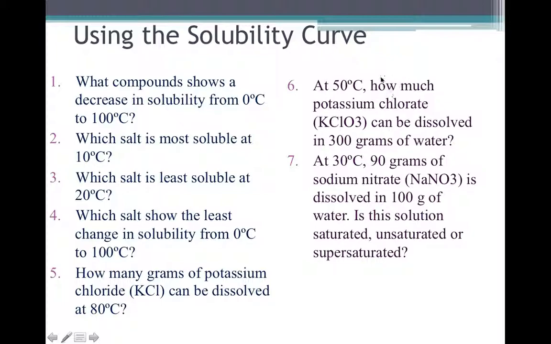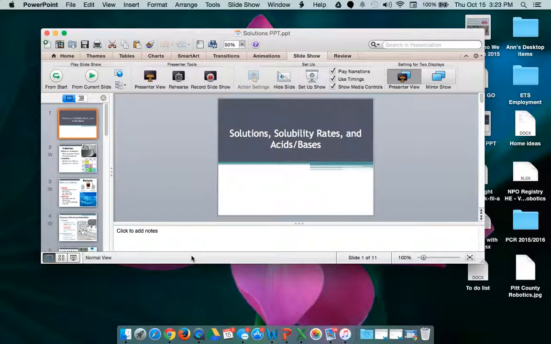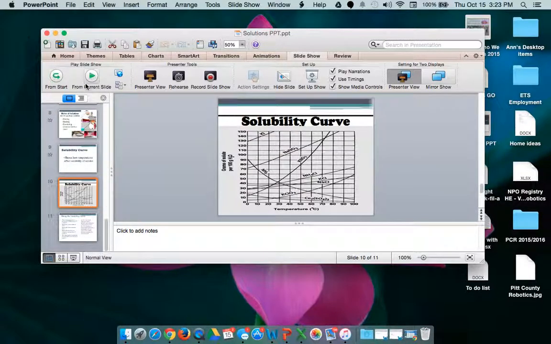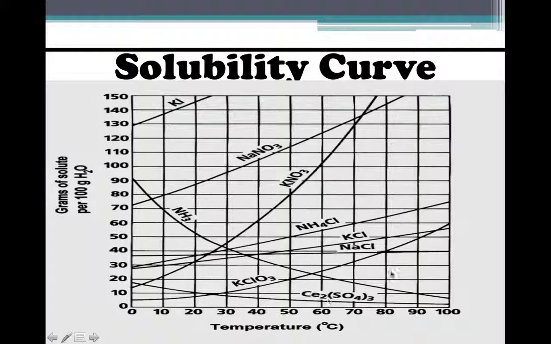Okay, now this one right here, at 50 degrees Celsius, how much potassium chlorate can be dissolved in 300? Look at that, that is 300 grams, okay? Let me go back to the PowerPoint right here.